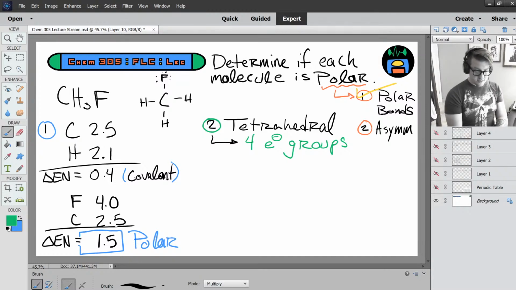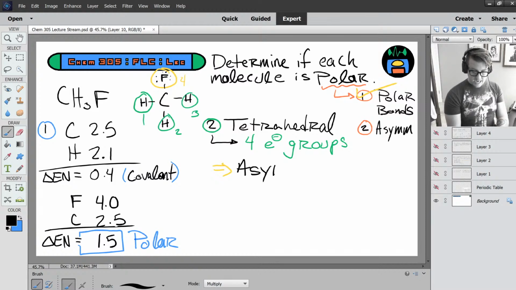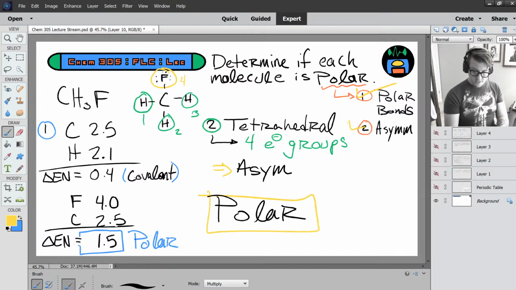And you'll notice that we have 3 hydrogens, but then the 4th is different. It's fluorine. In order to be symmetric, you need the same thing on all 4 positions, but we don't. That means that we're dealing here with the asymmetric case, which means that this molecule is polar because it has polar bonds and it is not perfectly symmetric.